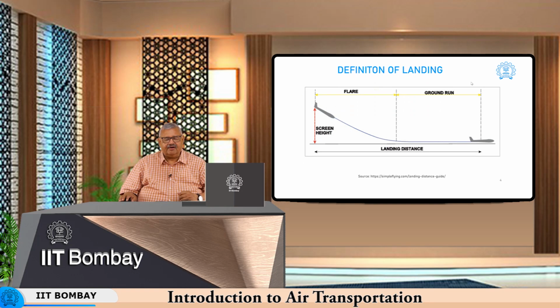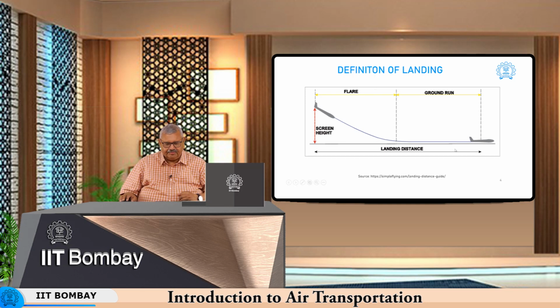Similarly, when an aircraft comes into land, the landing distance is defined as the distance from the point where the aircraft is at the screen height to the point where the aircraft comes to rest. This includes the glide and then the flare and then the ground run. So, at this point the wheels are touching the ground.